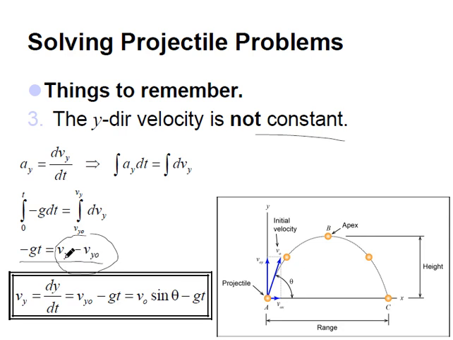So this is telling you we're going to take the initial velocity out of the final velocity, and you're going to get acceleration and time, which gives your velocity. So that is if your velocity is not constant.